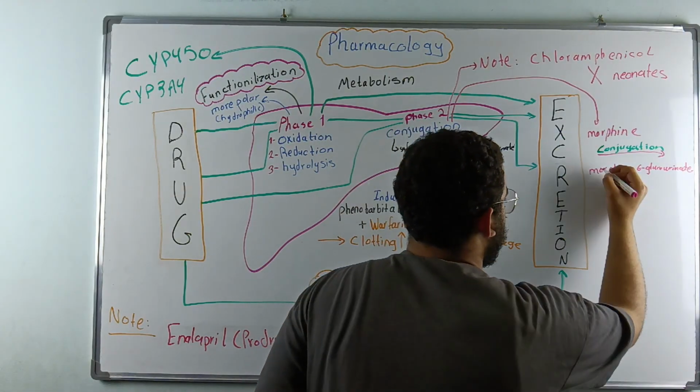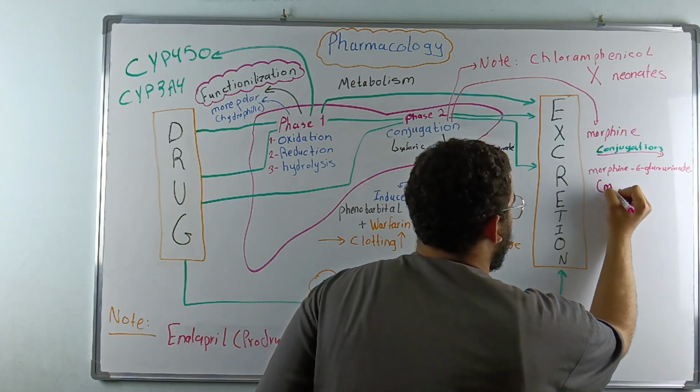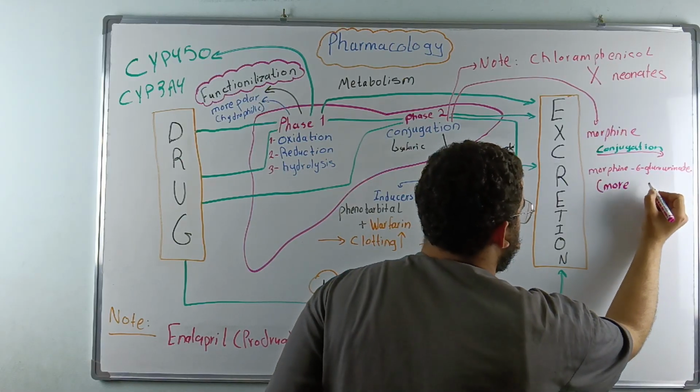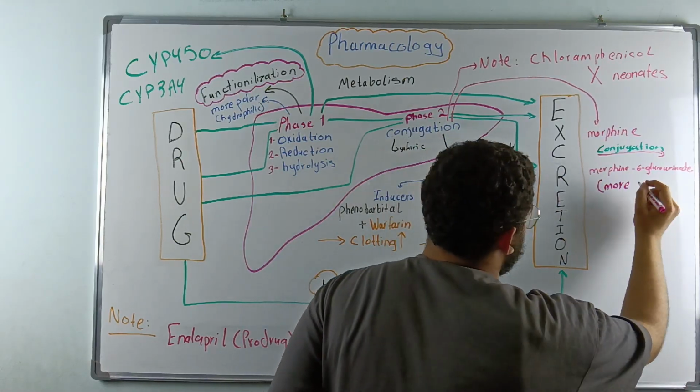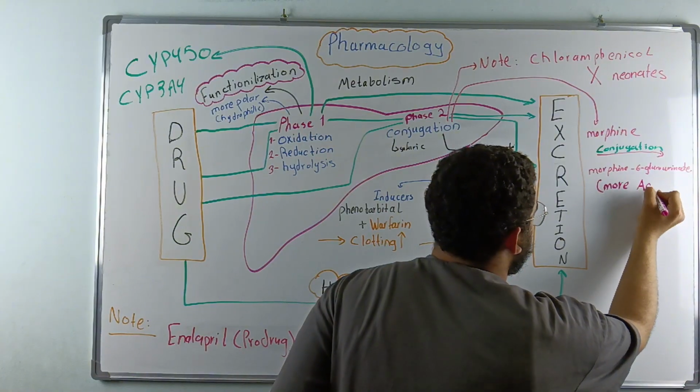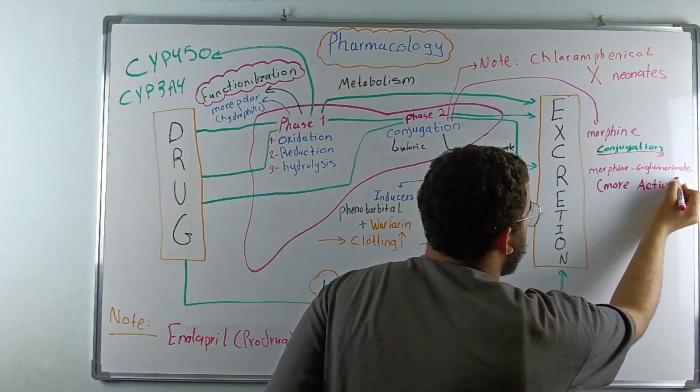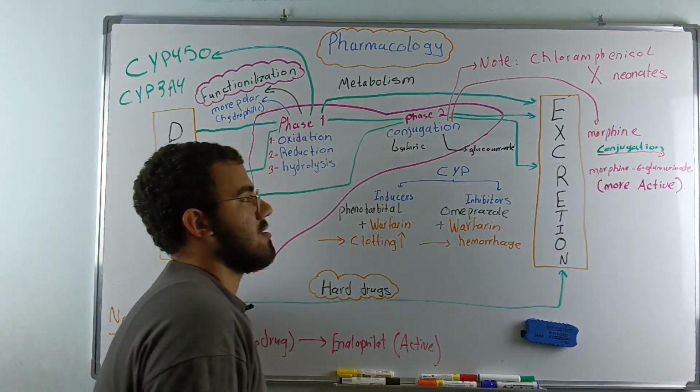Other than that, all the other metabolites that result from conjugation are less active than the previous form of the drug before it gets metabolized.